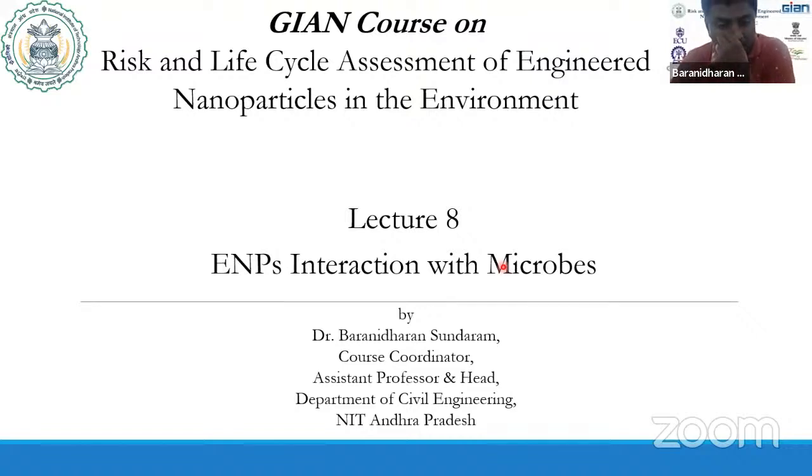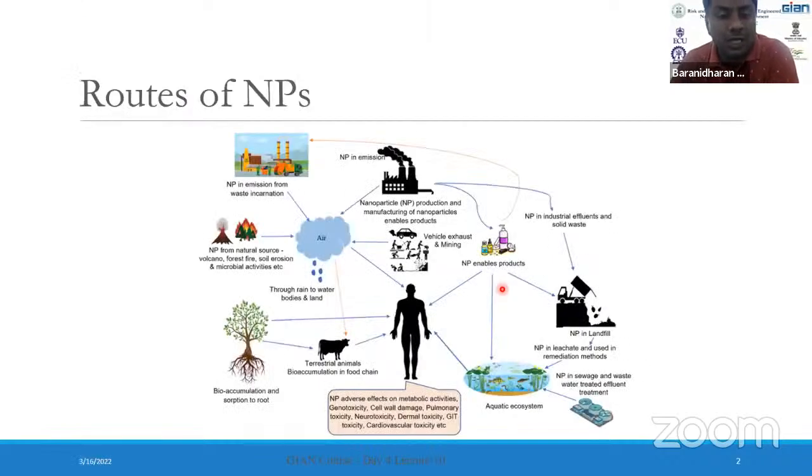So here the microbes I mentioned are in the wastewater environment. So this is again the generic picture of the pathways, or otherwise the routes, of nanoparticles in the environment. So these nanoparticles, be it man-made or anthropogenic, or otherwise natural or incidental nanoparticles, at last reach the first step.